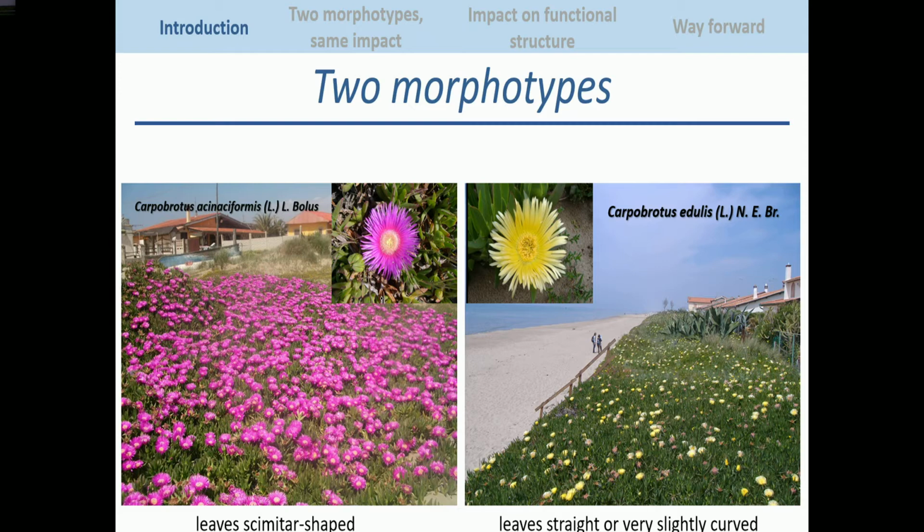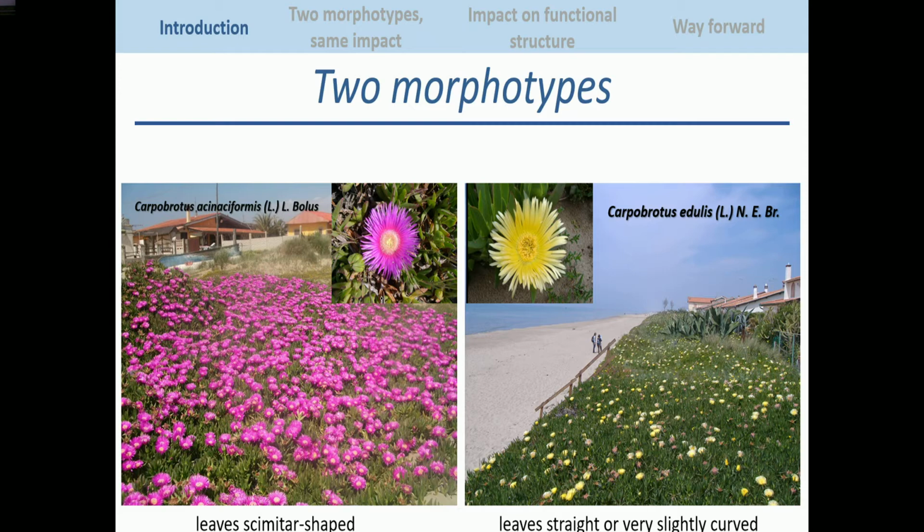This is not sure yet. There's some debate about this. If you want more information about these species in general, there is a really recent monograph by Carpobrotus and other authors, and they also talk about these taxonomic issues.